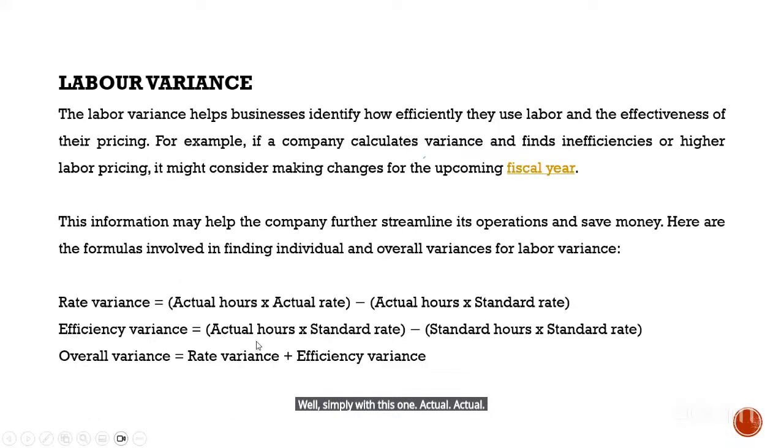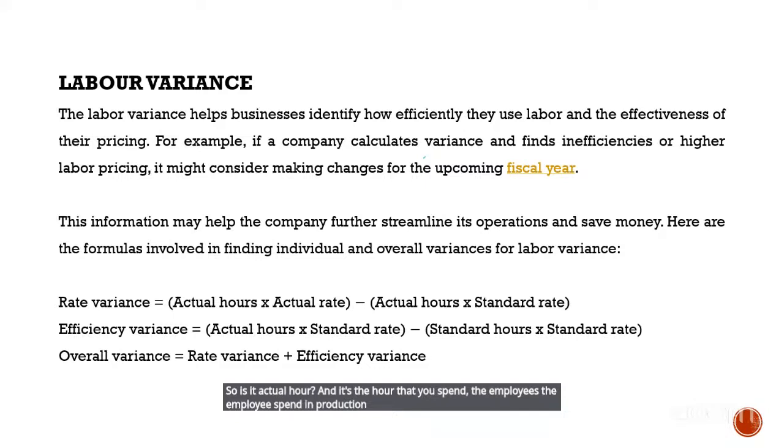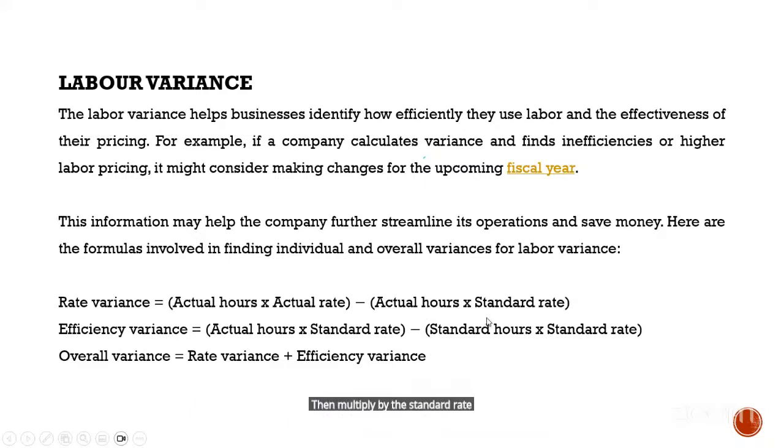So we said actual hour, which is the hour that the employees spend in production, multiplied by how much you pay the person per hour, then minus the actual hour multiplied by the standard rate, how much you projected that you would pay him. Then we'll talk about the efficiency variance.